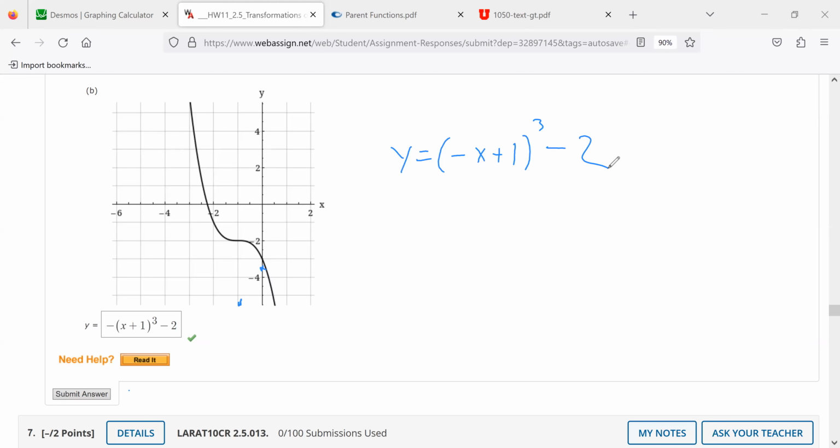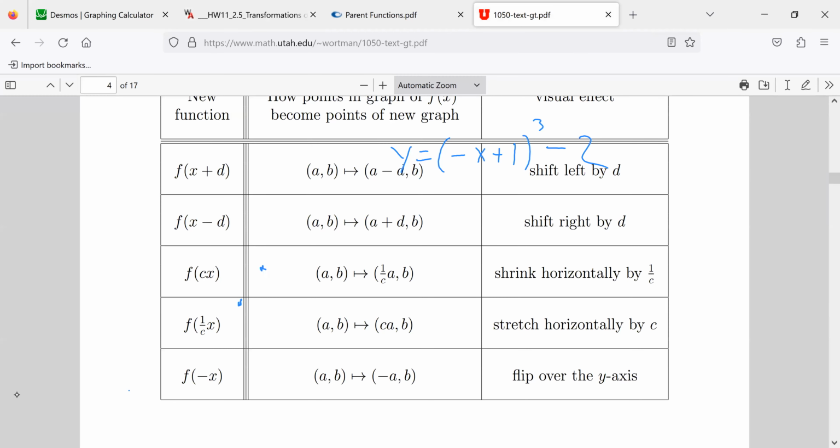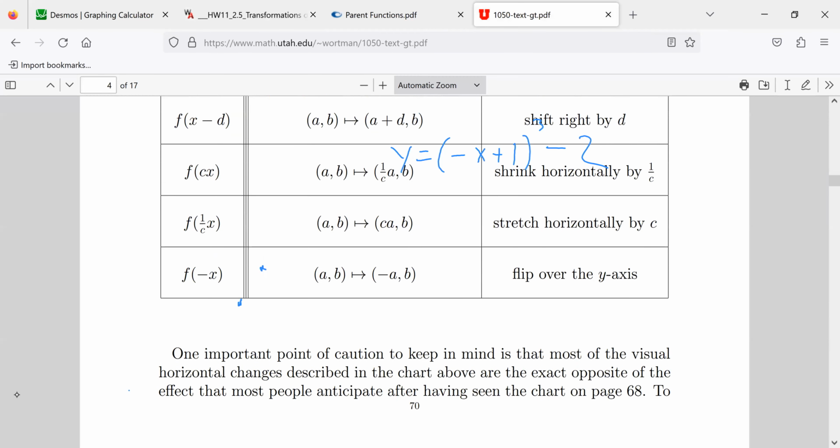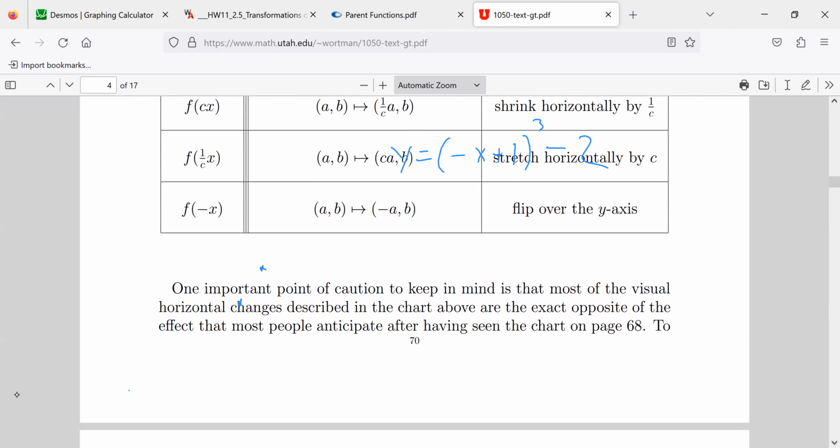Is this graph the same as the one I wrote down? Let me look at the notes. I think I'm overthinking it, but here, flip over the y.